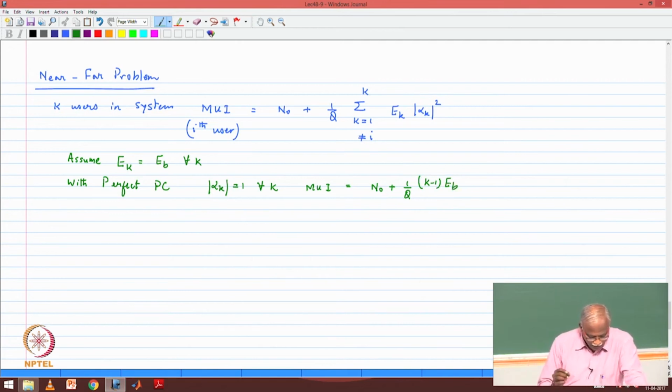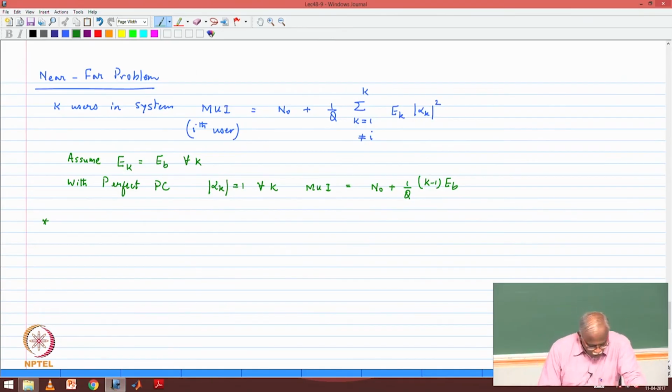Now, just for you to have a feel for the practical impact, when a base station in a CDMA system is receiving without power control, that is, one user is close to the base station and one user is far away from the base station, the dynamic range can be as much as 90 dB.